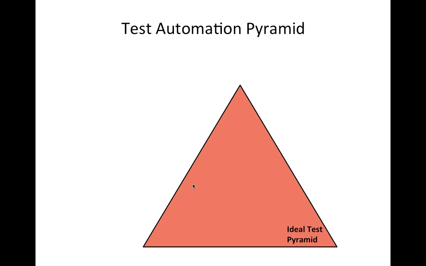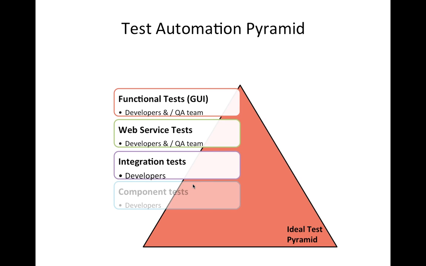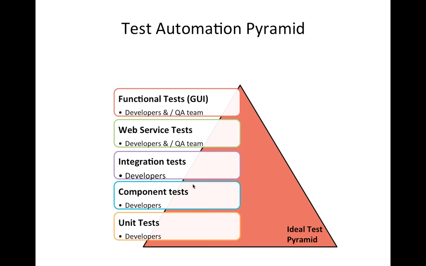What the test pyramid says is there's an ideal test pyramid which has got various different categories or types of tests, and it could be functional, web service, integration, component, unit tests, and all these different types of tests really depend on what is the product under test. If there is a UI component, then there will be functional tests of sort. If there is a web service layer, then there might be web service test that is possible.